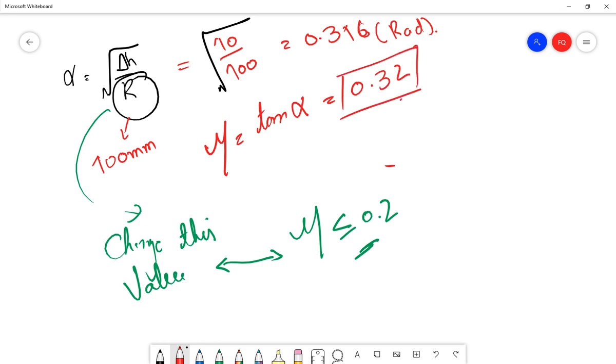Still the friction coefficient is coming out to be 0.32, which is quite large, and we would like to bring it down below 0.2. This means that this radius is still too small for this kind of reduction in the material using the conditions which we have already given.